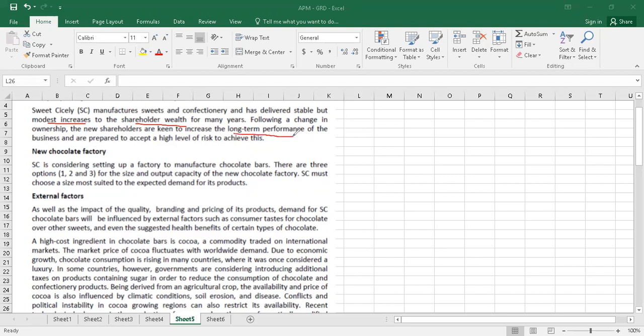So the objective is now to establish the business well and do well in the long term, and they are prepared to accept a high level of risk to achieve this. So the appetite of the new shareholders is clearly mentioned. So they have that appetite to take a risk. So they are risk seekers. So what's the reason why they want to take up a high level of risk? What's the reason?